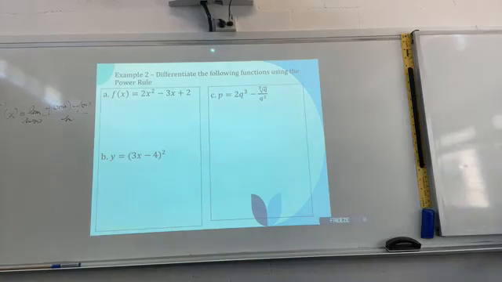Now, for C, you don't actually have to give me the answer in radical form. I don't really mind, as long as you can give it to me in positive indices.